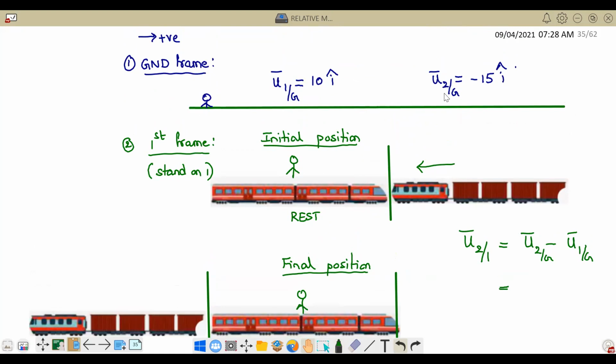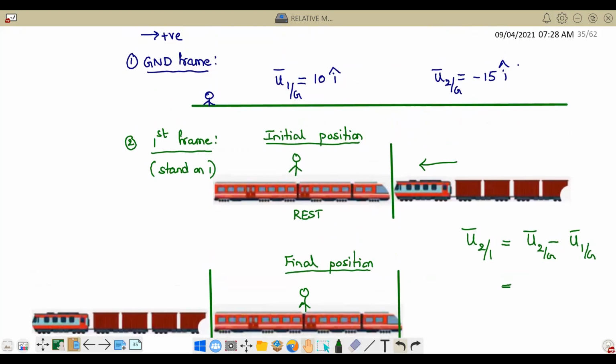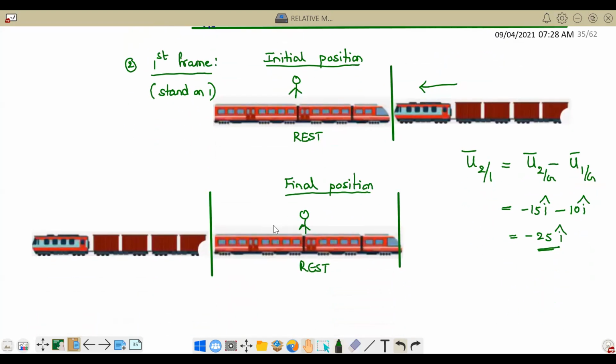Minus 35 i-cap. Minus, when you stand on ground, what was the velocity of the first train? 10. So that is equal to minus 25 i-cap, which means it is traveling with a speed of 25 meters per second towards the left side.